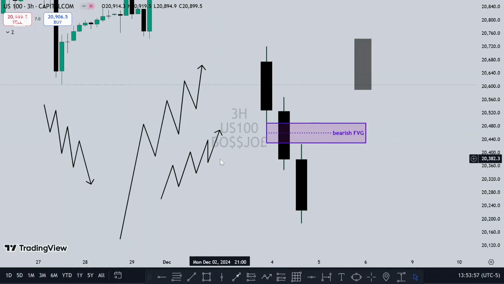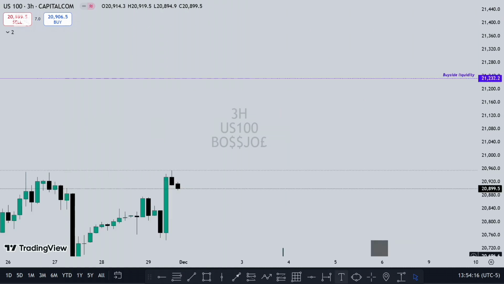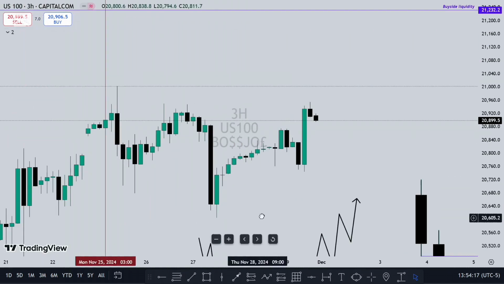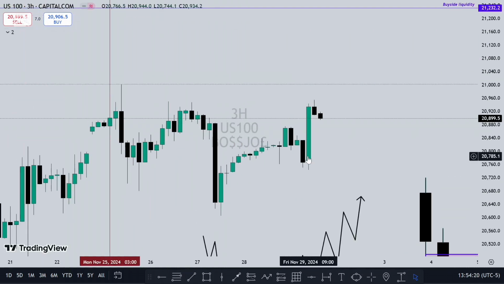Then note, please, fair value gap relates with liquidity void, because wherever you have a fair value gap in a higher time frame, when you scale down to the lower time frame, you often see it as liquidity void. For example, this is a 3-hour candlestick. This is candle number 1, candle number 2, and candle number 3.